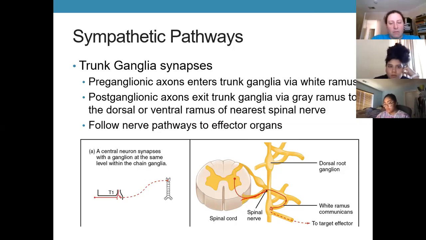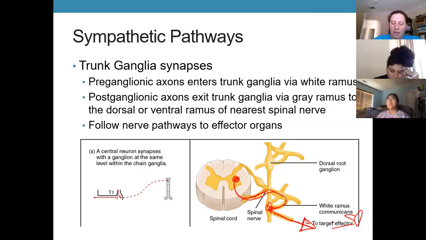You know, so here's our preganglionic neuron cell body, preganglionic axon, comes out the ventral root, spinal nerve, white rami communicans, synapses, and then it can just go straight out to, I don't know, the heart or wherever it's going, to its effector, right?